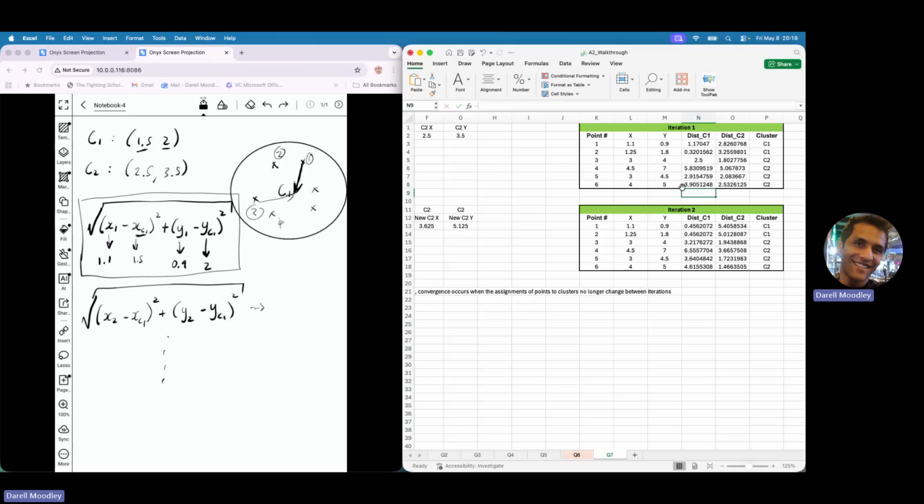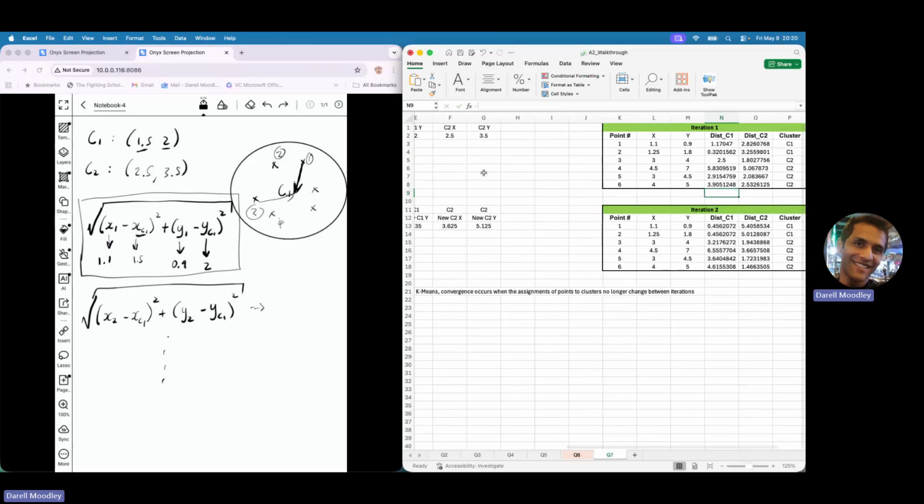Now you need to repeat this process for centroid 2 because you have 2 centroids. So when you're doing it for centroid 2, you're just going to replace these values here with centroid 2's values, so xc2 and yc2 here.